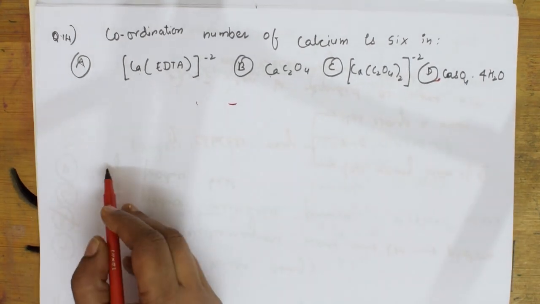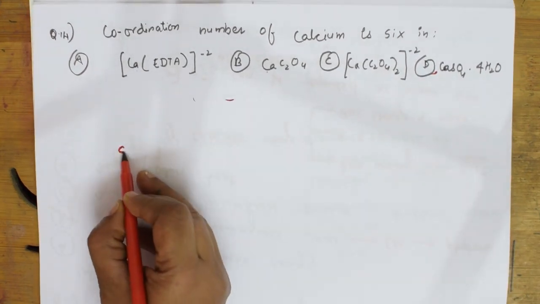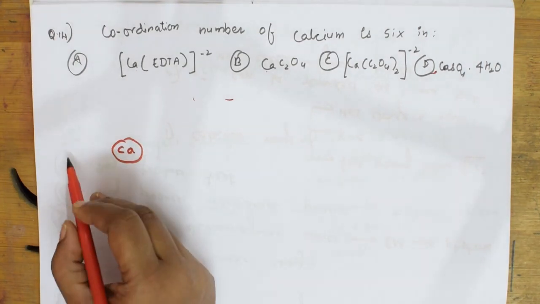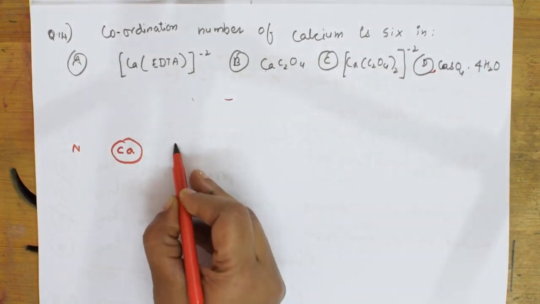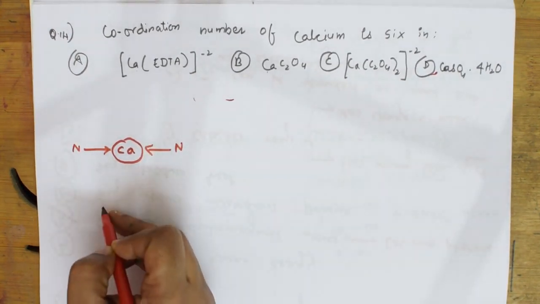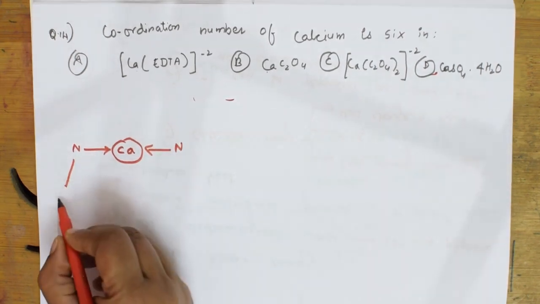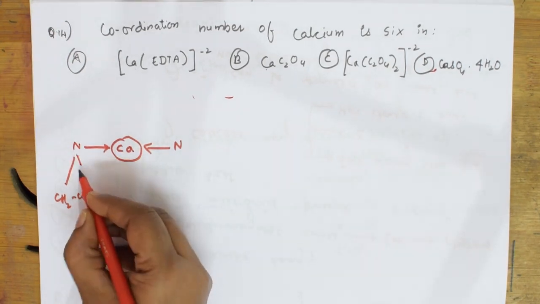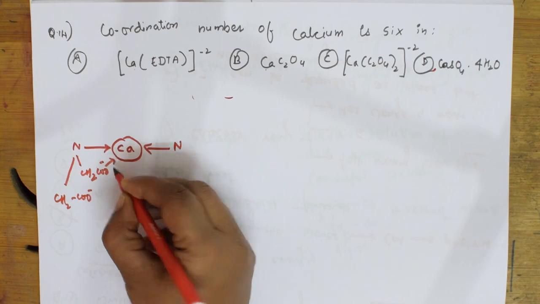Let us write. First of all, the central metal atom is calcium. I am making it the center. Now here, ethylene diamine tetraacetate. So nitrogen here, nitrogen here. This is linked to calcium. This is linked to calcium. Tetraacetate, we said. So CH2COO minus, one more CH2COO minus.